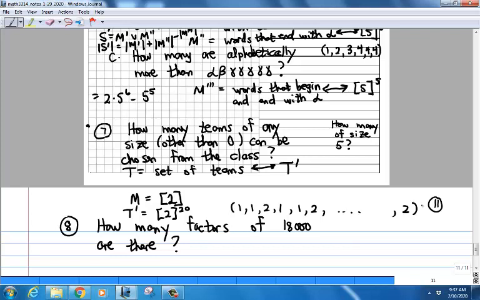But you cannot have different teams corresponding to the same tuple. Because if teams are different, how must they be different? If I just pointed out 2 teams and said, are these the same 2 teams or not, how would you check that? Yeah, you would go person by person and see if that person is on the team or not.